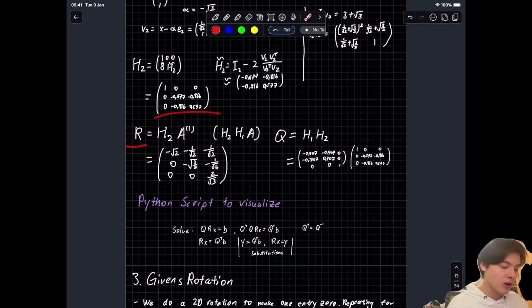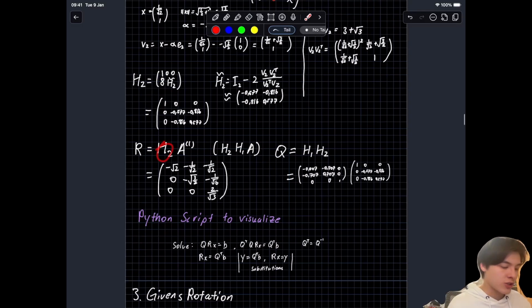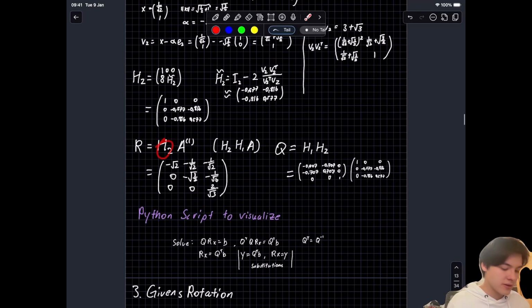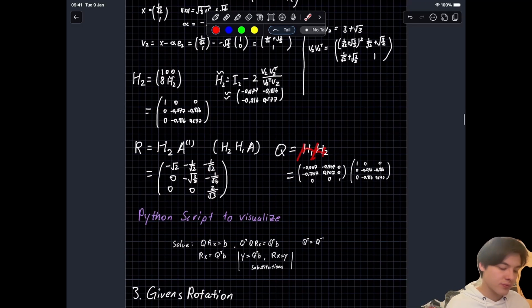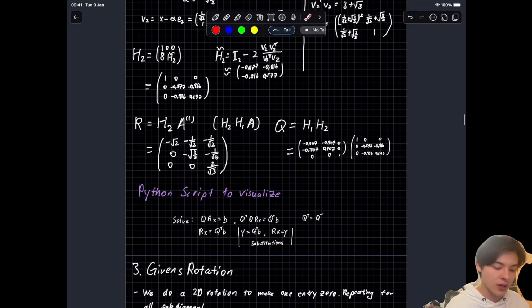And then we get our R when we apply H2 to the A that we got here. You can see now it turned into triangular, and our Q is just H2 H1. So what we did is basically R is what we get if we apply H1 and H2 to A. So it would look like this, the Q.